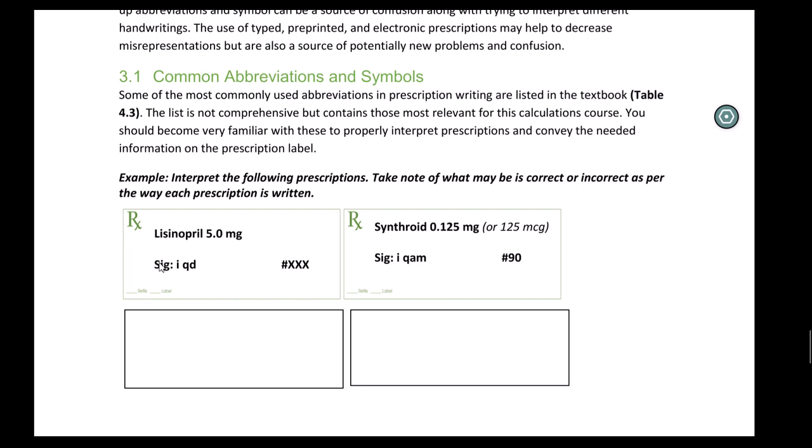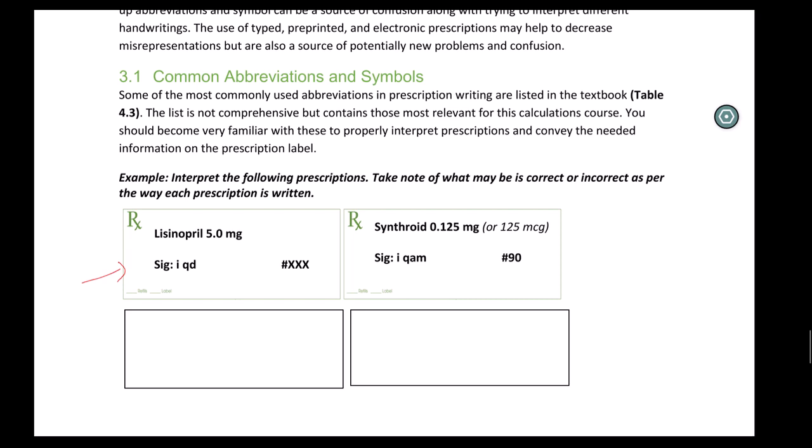So let's look at some of these prescriptions here, and let's look at what's good, what's bad, and how we can interpret that. So here we have the drug, again, it's lisinopril. It says 5.0 milligrams. The sig is 1 QD, and the amount to dispense is XXX, which we should hopefully know is 30.